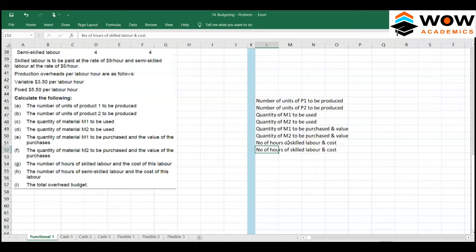Next one is number of semi-skilled labor hours and cost, and total overhead budget. So these are the things they are asking in this question. One by one, I think we can solve them.